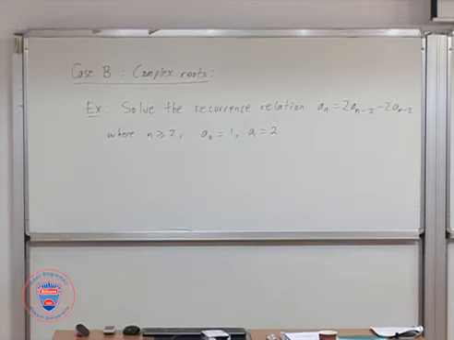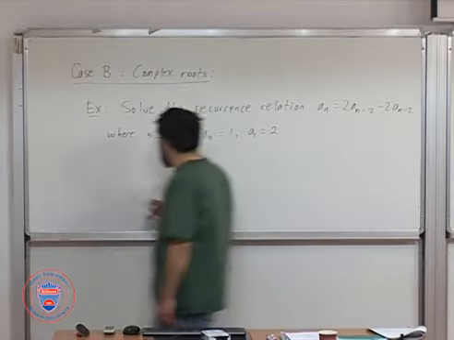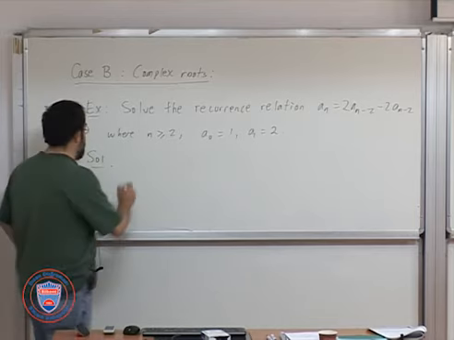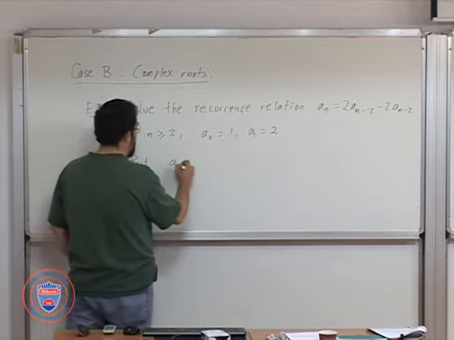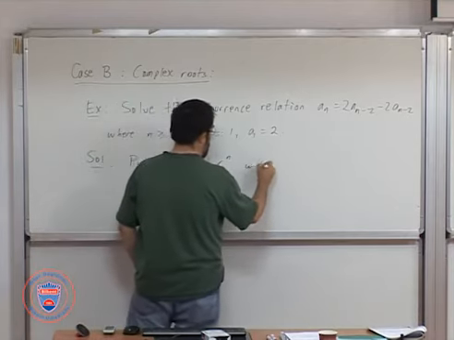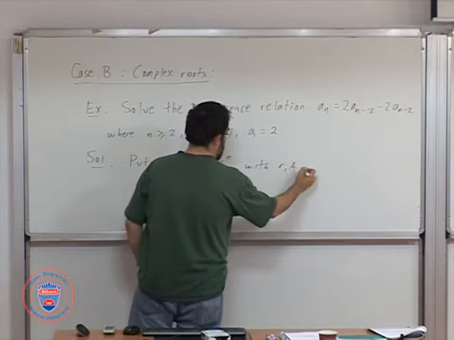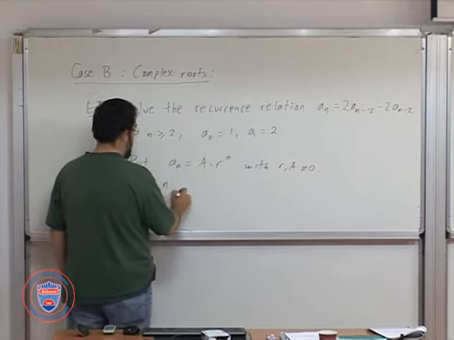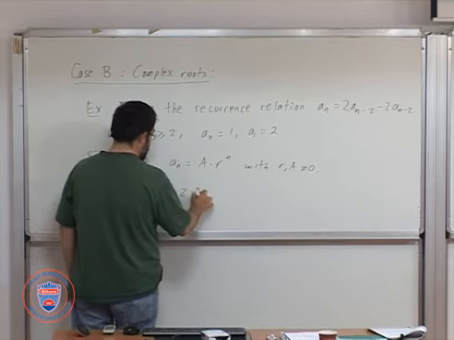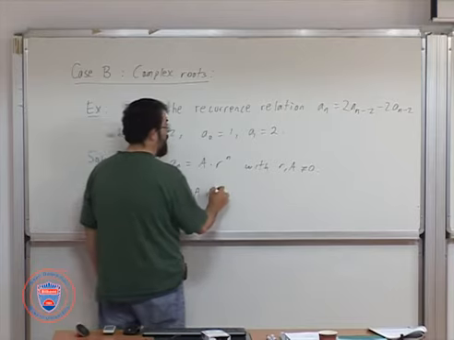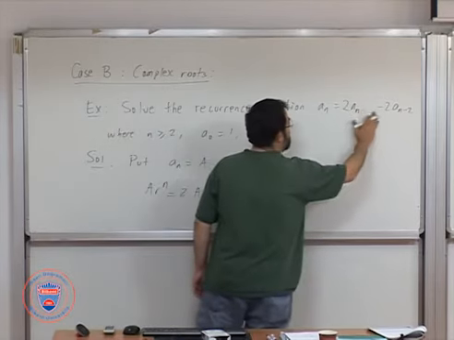Again, this format, this type, everything is exactly the same, just the characteristic equation will have complex roots, right? So we start with this. And then we get, sorry, this is n minus 1.